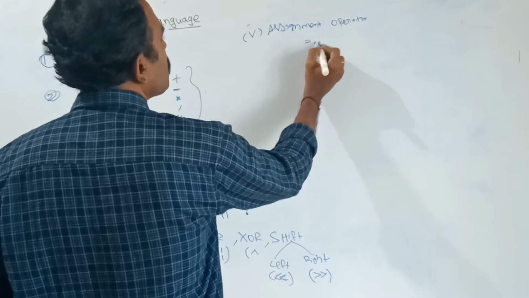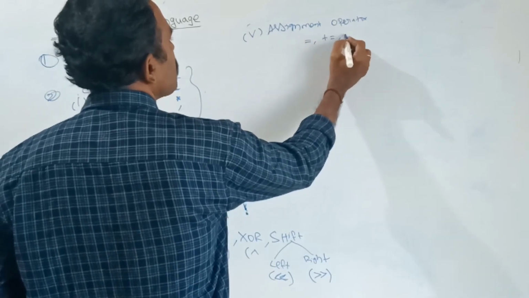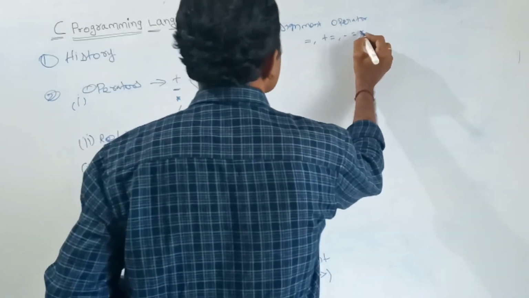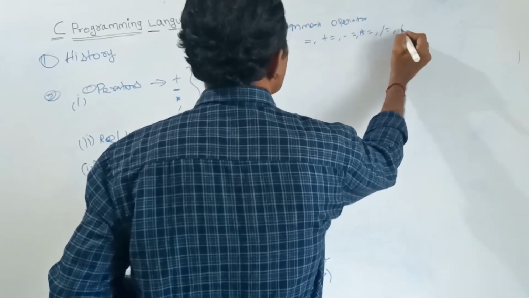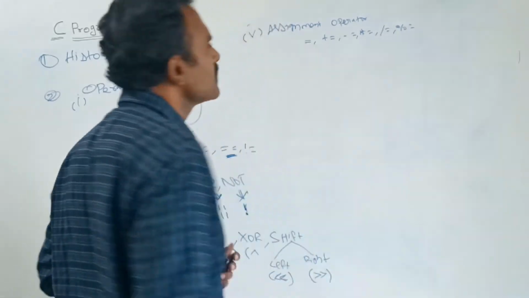Equal to, plus equal to, minus equal to, multiplication and equal to, division and equal to, modulo division and equal to. These are the symbols.